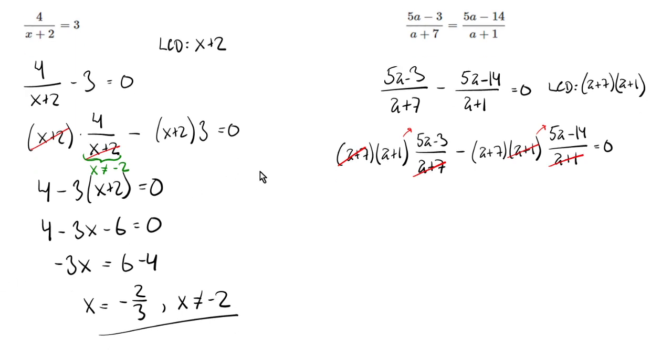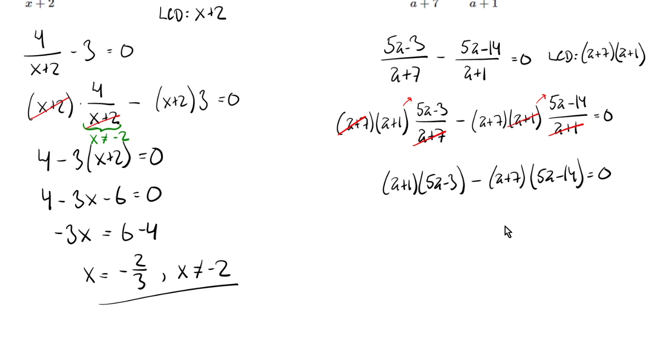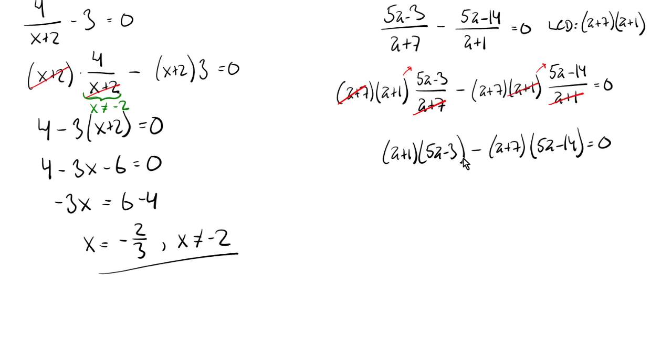So let's rewrite what we have left. From the first term, we're sitting with a plus 1 times 5a minus 3. And for the second term, we have a plus 7 times 5a minus 14 remaining, and that equals 0. Next step would be to expand these two products of binomials just using FOIL.